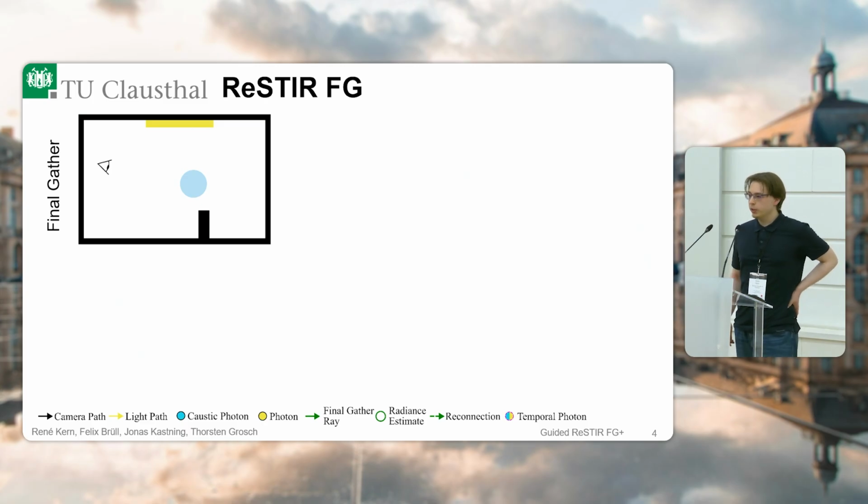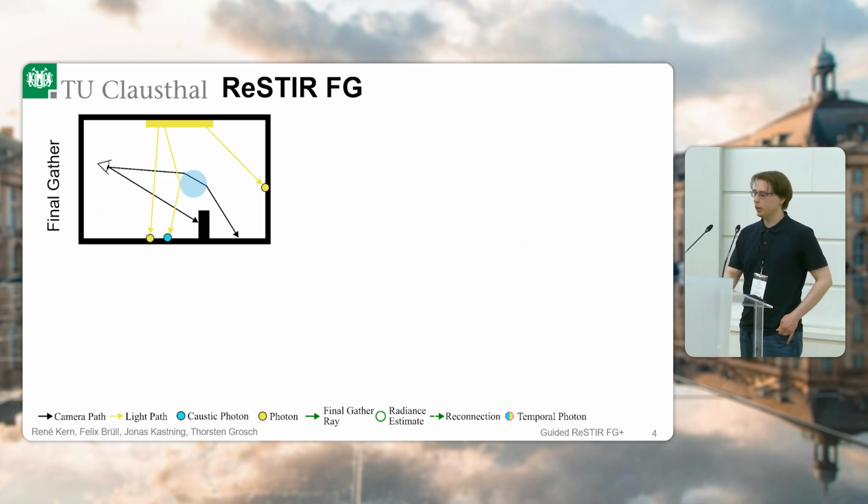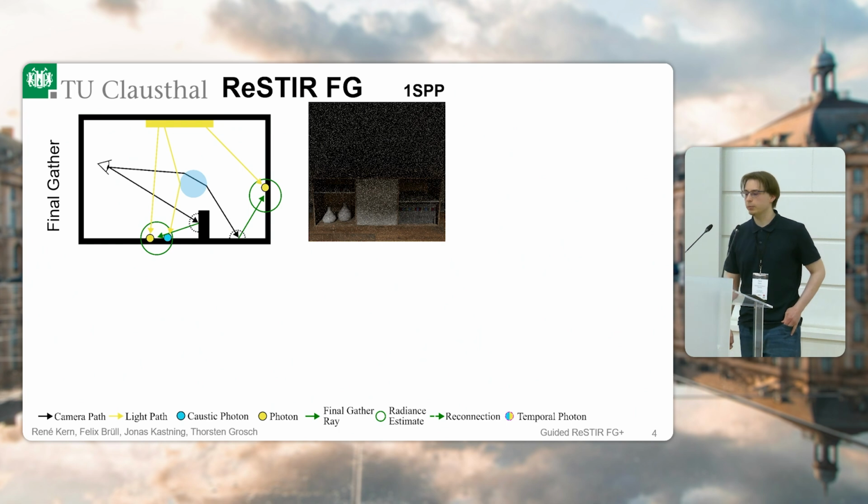For our ReSTIR-FG, we use two types of samples. One is final gather samples, where first photons are distributed from the light source, and then the camera distributes a ray and traces it until the first diffuse hit. On these first diffuse hits, a final gather ray is dispatched, which is basically a ray with a radiance estimate operation, where all photons are gathered in a radius.